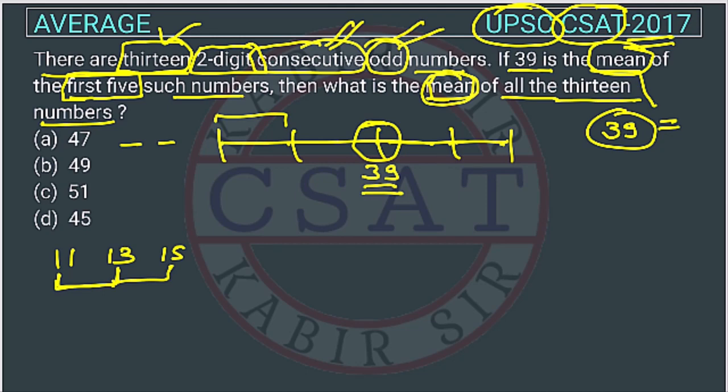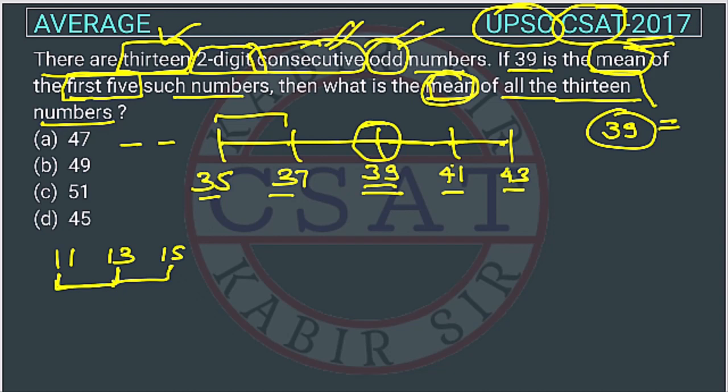So if we know 39 is here, what will we know? This will be the next number. So the next odd number will be 41, and the next will be 43. Similarly, this side will be 37, because they have given that these are consecutive odd numbers, and this will be 35. So here we have to use our common sense.